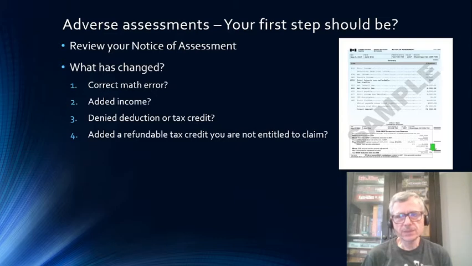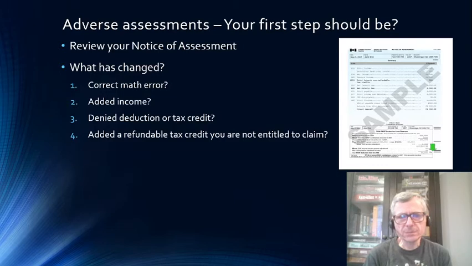The other item that can happen is you were denied a deduction. Now, for one reason or another, let's say you declared an allowable business investment loss or an RSP which you thought you were entitled to claim but you weren't, that will be obvious when you compare your return, and hopefully you kept a PDF copy of your return, to your notice of assessment.